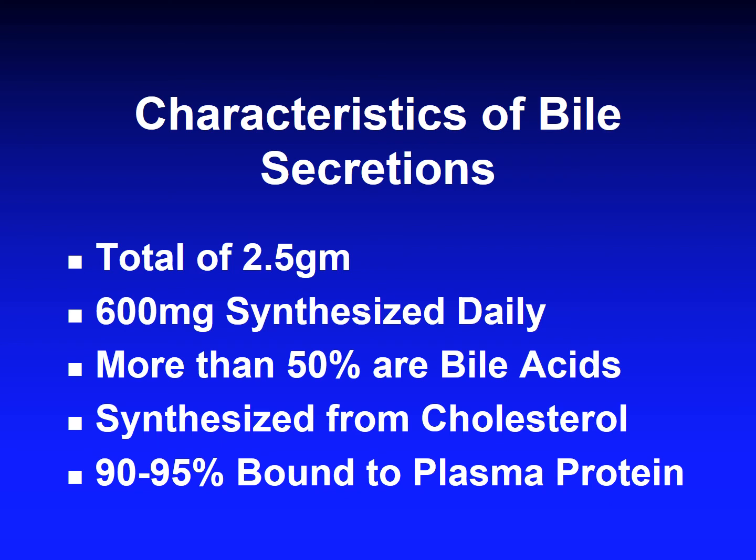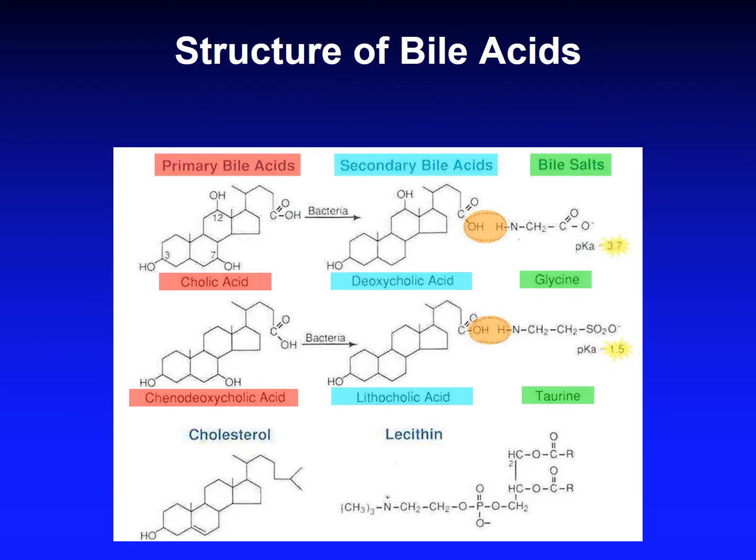Let's see some examples that I'm going to show you here. You have primary bile acids, secondary bile acids, and bile salts. You have cholic acid and deoxycholic acid.